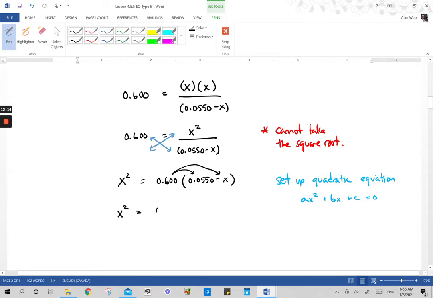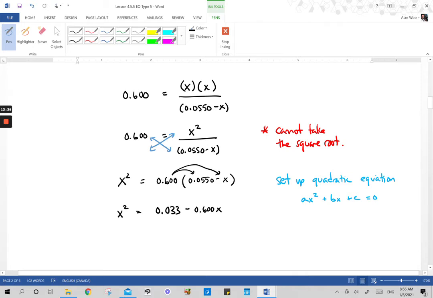That comes out to be 0.033. Okay, and then you go 0.600 times minus x, and that'll give you 0.600x.